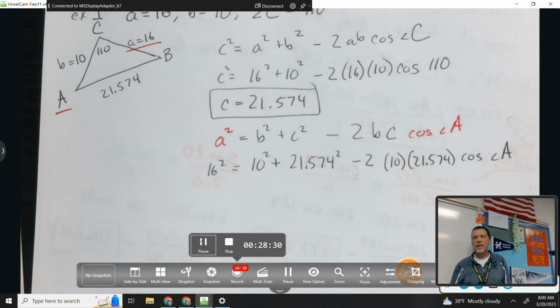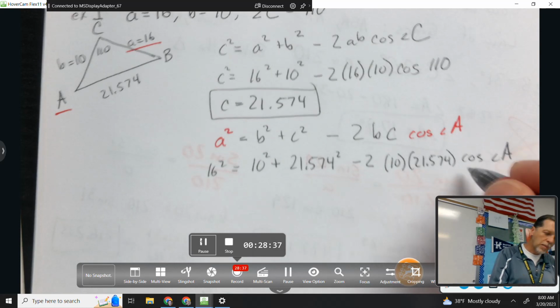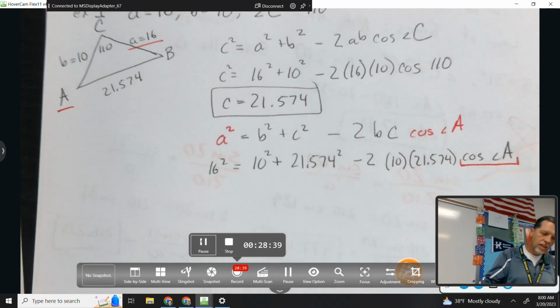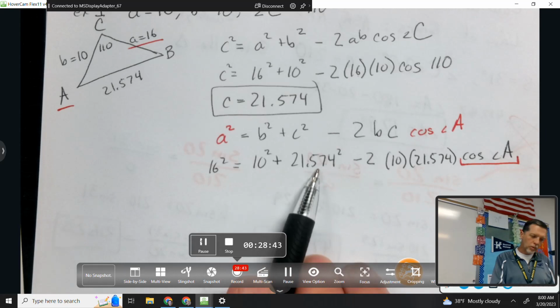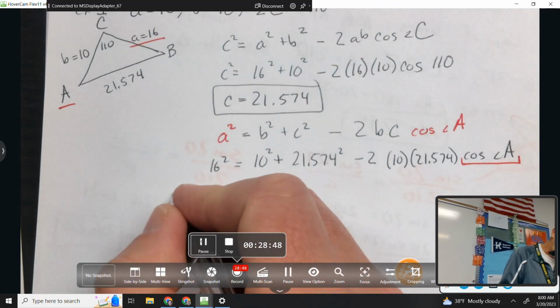Okay, now for the fun part, meaning the algebra part. I want to get cosine of angle A by itself. So let's subtract over the 10 squared and the 21.574 squared. In fact, maybe we better slow down and just do that.